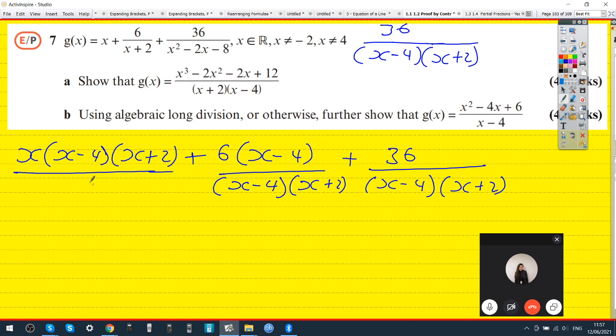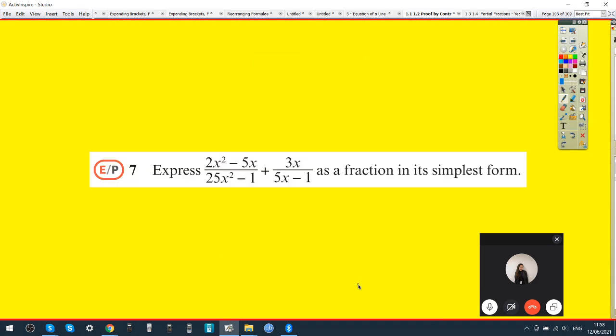It was over 1, but to keep the... you want to multiply, so you get x minus 4 and x plus 2. That's it. So the right one, you didn't need to multiply by anything. The middle one, you had to multiply the top and bottom by x minus 4. And the left one, you had to multiply by both.